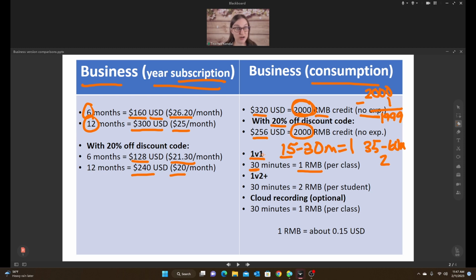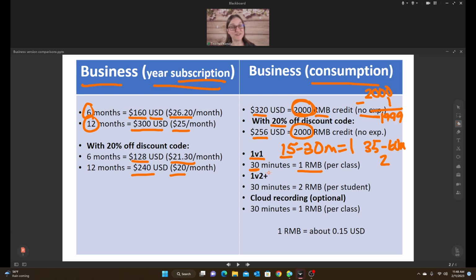It's just 1 RMB per class. Or 2 if you teach more than 30 minutes. Also keep in mind, this is based on what you set the class for when you create the class. So make sure you're setting your class for 1v1 and for 30 minutes or less. If I set my class for 1v2, but it's only 1 student, I'm going to get charged more.